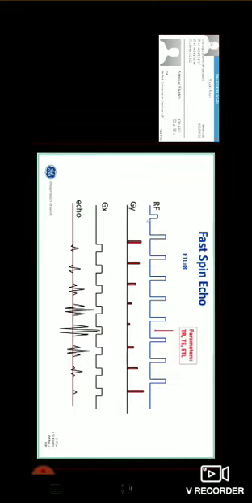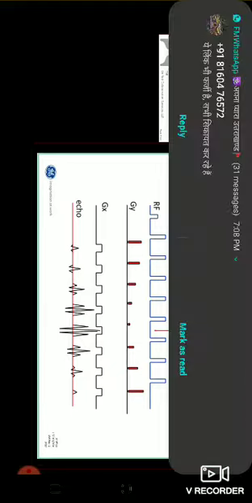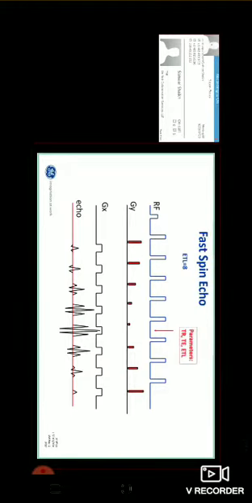So what's happening if you are increasing your echo train length? What happens with the weighting of your image and with your scan parameters? In this image, you can see the maximum signal is coming around the fifth 180 degree, so the effective TE is almost somewhere over here, right?